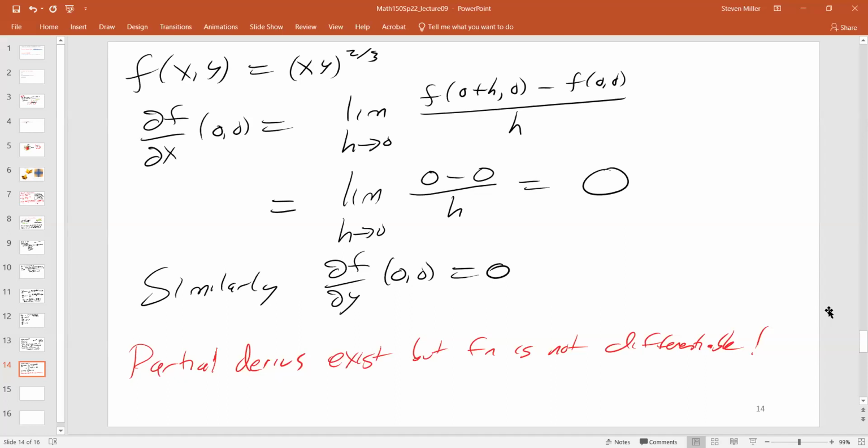What I want to do is just enough so that you don't use theorems blindly, and you realize I have to be a little careful. It's not enough for my function to have partial derivatives. There's a theorem that says if the partial derivatives exist and are continuous, then the function is differentiable. And here the partial derivatives are not continuous. That is the big problem.